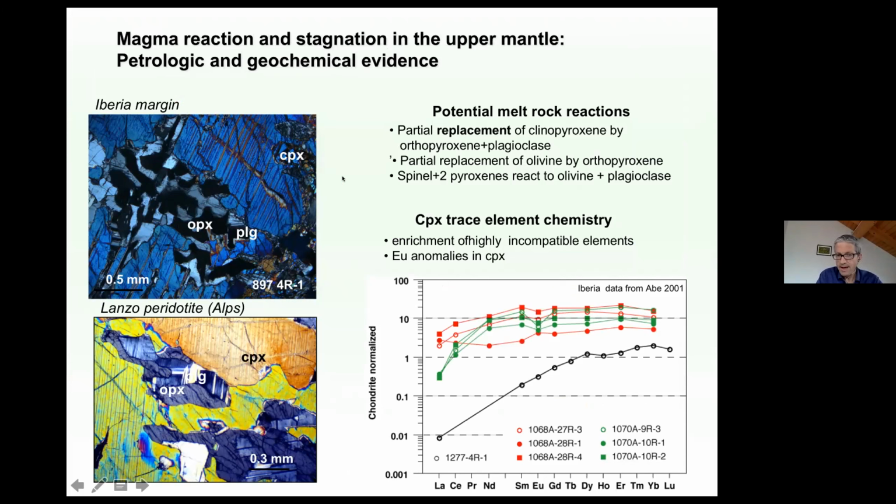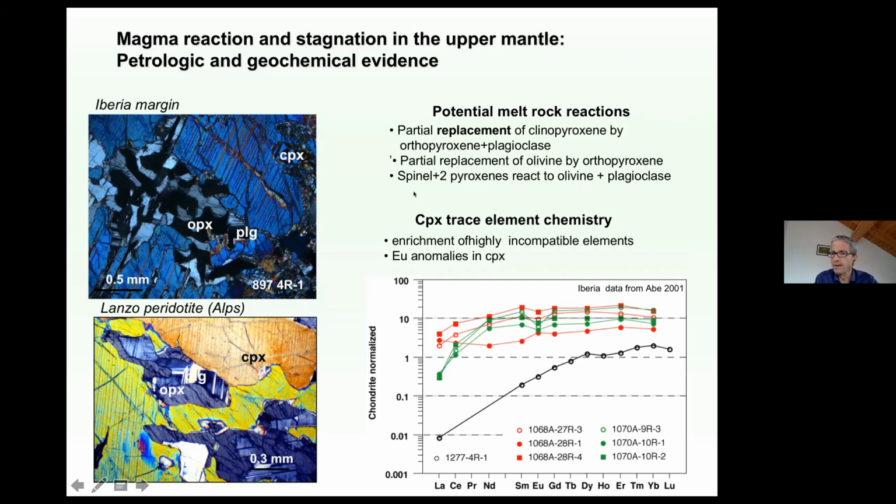And what you recognize is that you see clinopyroxenes, one of the important mantle minerals, which is partially replaced by intergrown orthopyroxene and plagioclase. If you go to the Lanzo peridotite, you see basically the same textures, that the CPX with the same color starts to be partially replaced by plagioclase plus OPX. So this is one textural evidence for a melt rock reaction in a mantle.